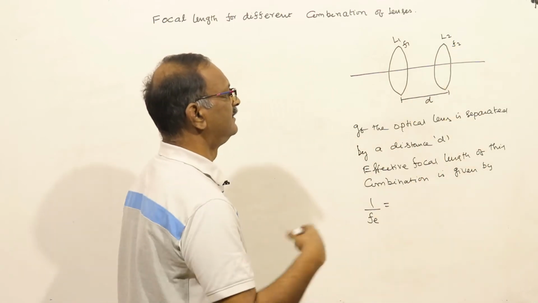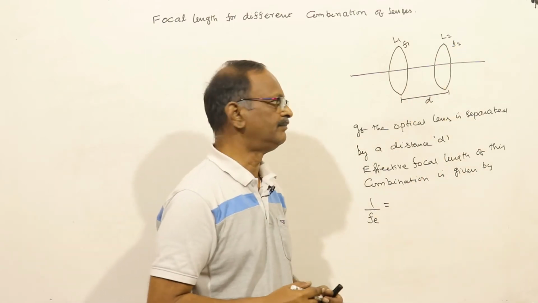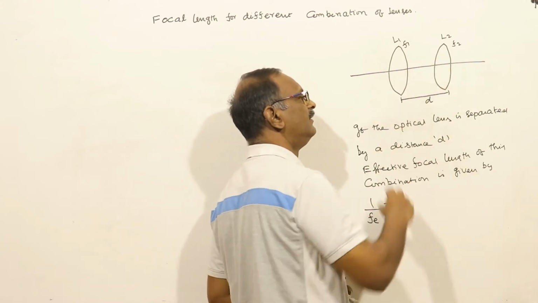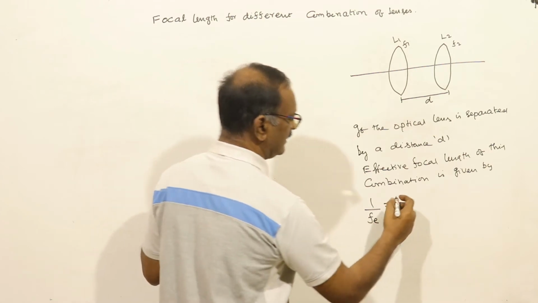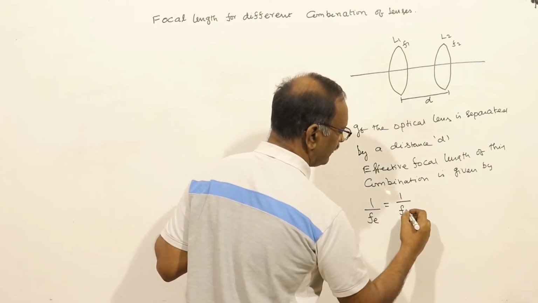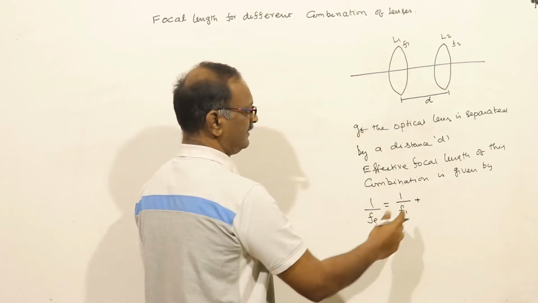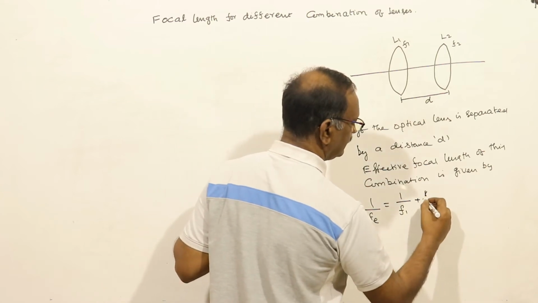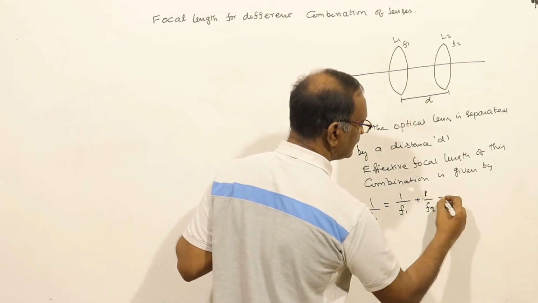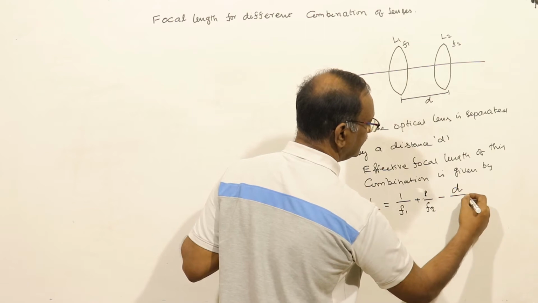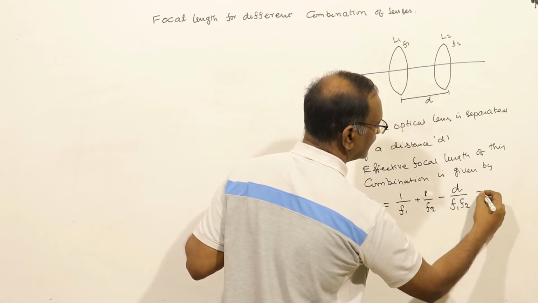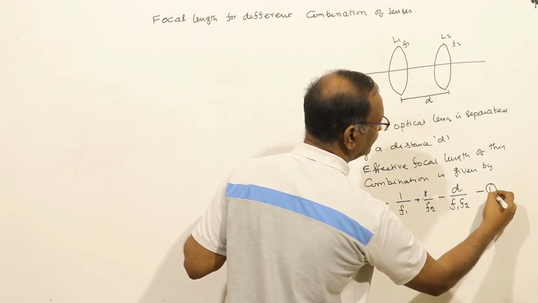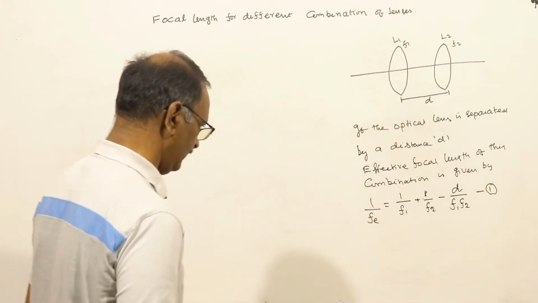So both are positive, it does not make any difference for the calculation, but if you are keeping a concave here, the equation changes. Now here we will not put any sign convention. 1 by f1, focal length of the first lens, plus 1 by focal length of the second lens, minus the distance d divided by focal length of the first lens into focal length of second lens. This is the equation, we can call it equation 1.